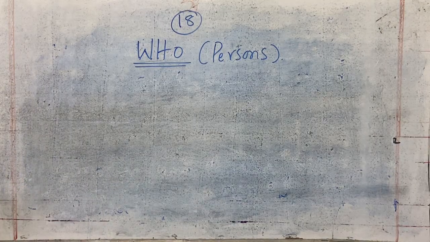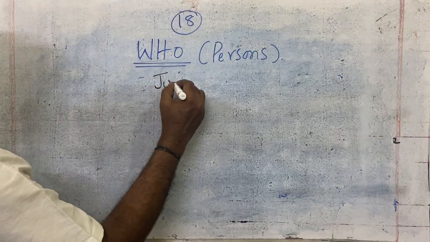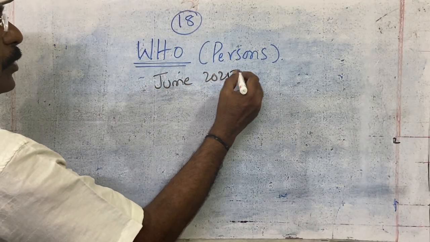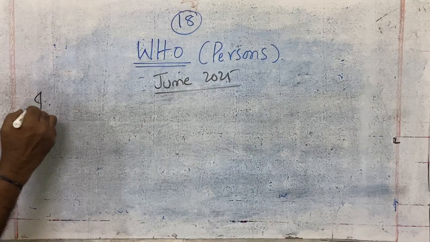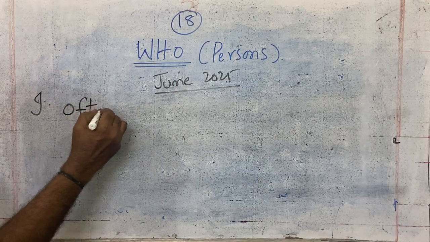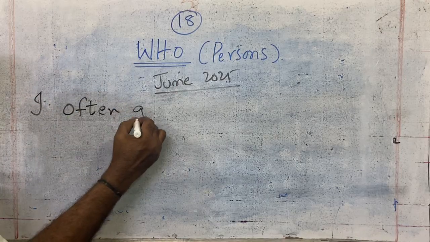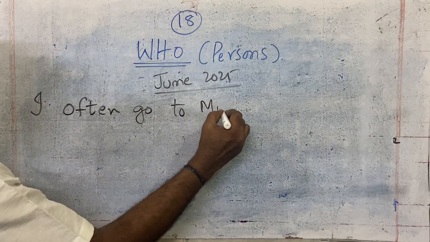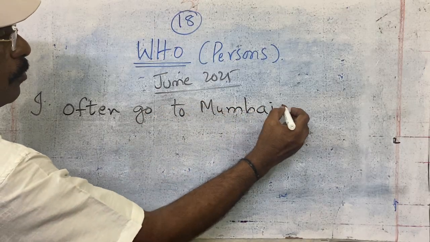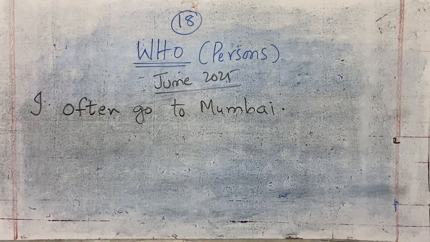Now we are coming to the 2025 model paper, given in June 2025. I often go to Mumbai. Full stop. Mumbai is the commercial capital of India.